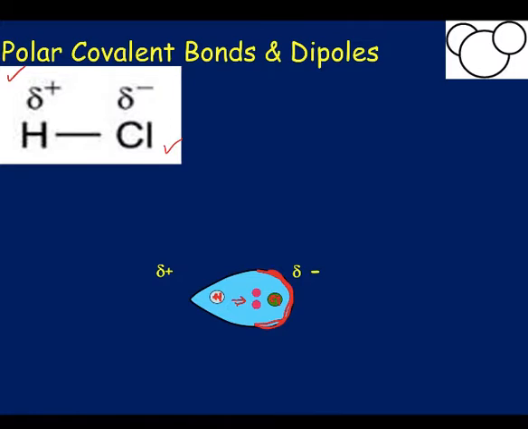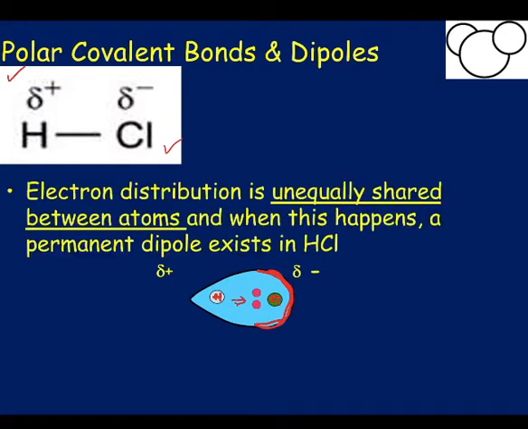You're never going to have to draw this thing with the blue, but it's just to give you an idea that if you could see the electron cloud, it's all over toward chlorine and not so much at the hydrogen. So the electron distribution, when you have these little delta pluses and delta minuses, is showing you that you're getting unequal sharing of electrons between your atoms. And when this happens, it's called a permanent dipole.